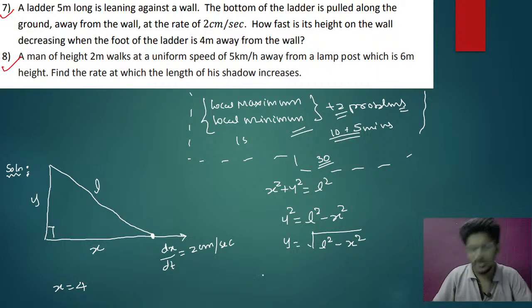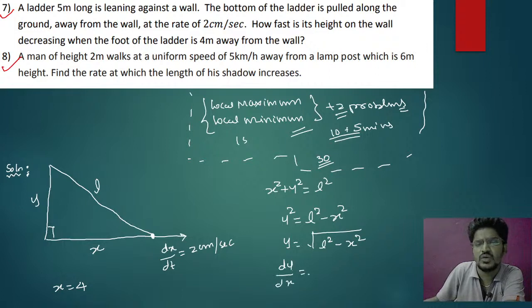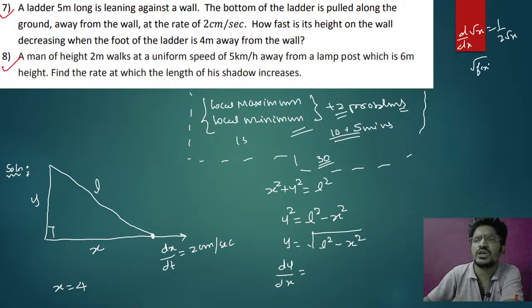Clear? Now if I differentiate this, we know the differentiation of root x is 1 by 2 root x. You apply the same for root of f of x, so that will be 1 by 2 root of f of x multiplied with f dash of x.